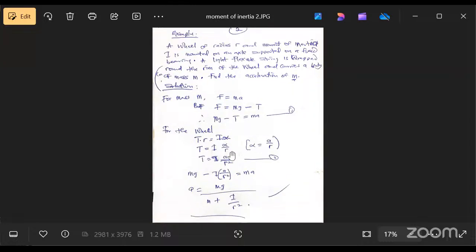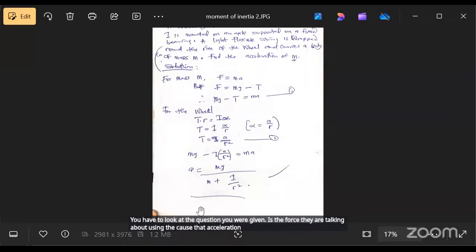When you talk about force, you have to look at the question you were given. Is the force they are talking about the one that caused that acceleration? You are looking for the acceleration of a mass, and you know from literature that force is equal to ma. That is solid, that is confirmed.